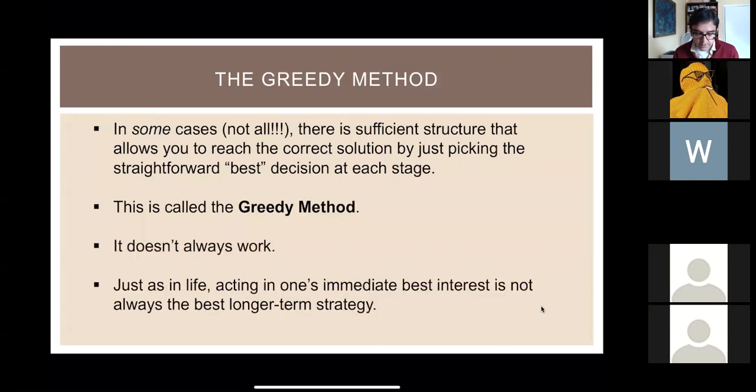So this is a very important algorithmic strategy. When it works, it gives us very simple, efficient algorithms. But we also have to be very careful because this is a strategy that very often doesn't work. And so we're going to spend the next couple of weeks trying to figure out exactly how to think about greedy algorithms and looking at systematic ways of thinking about these algorithms.